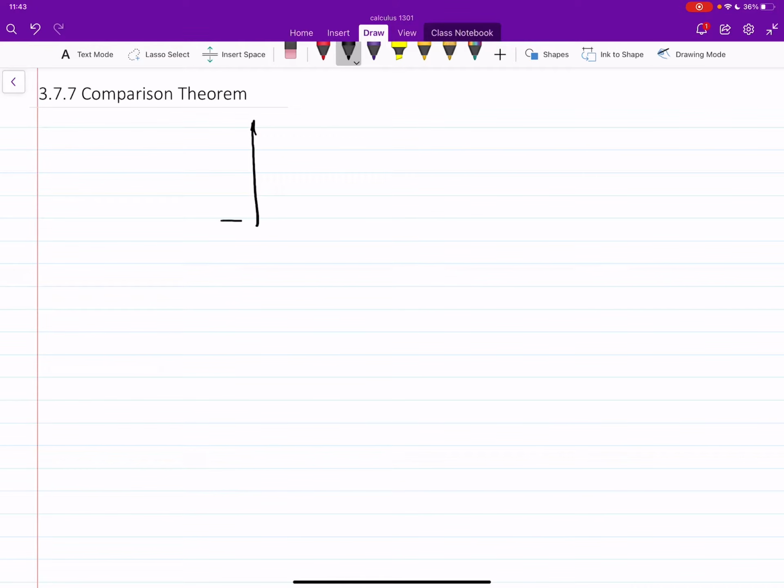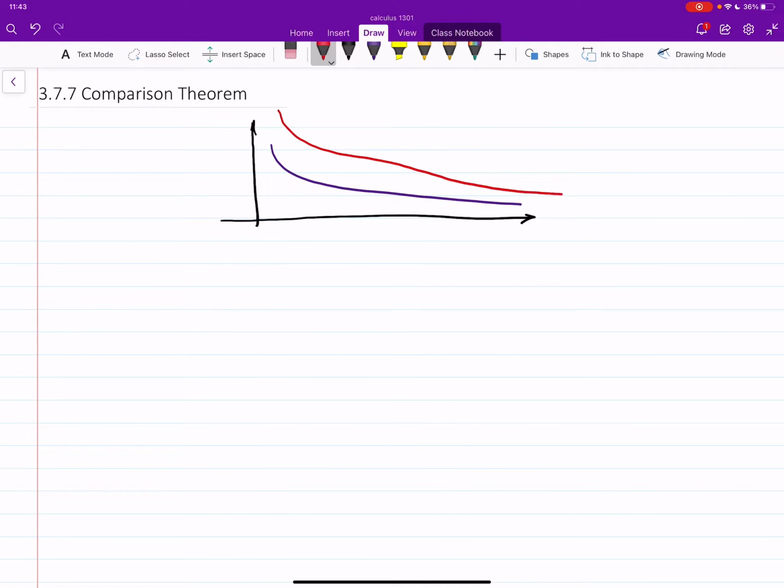Consider two functions, both positive, say f and g. Red is g, blue is f, and we know that on the interval from a to plus infinity, everywhere g is bigger than f. Then you look at the area under the graph of f.